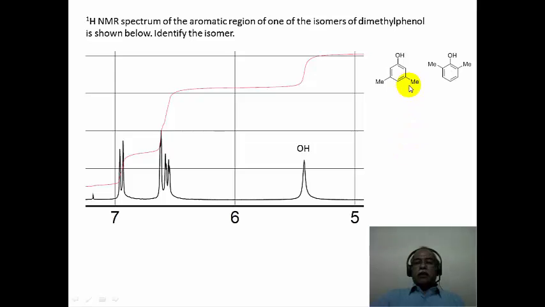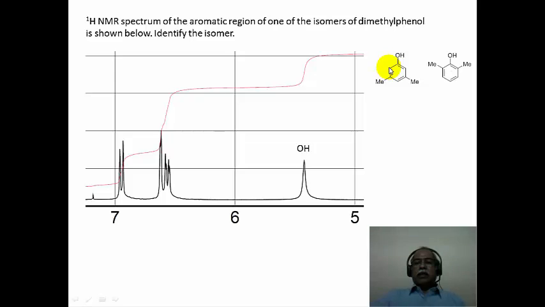Now if you consider these two isomers, here you have 3 chemical shift values, 1 chemical shift value close to 7 and 2 chemical shift values around 6.5 ppm or so. These two structures are symmetrical in nature.